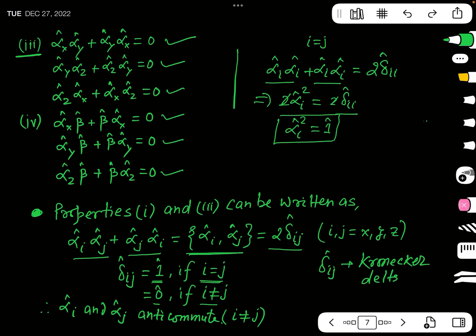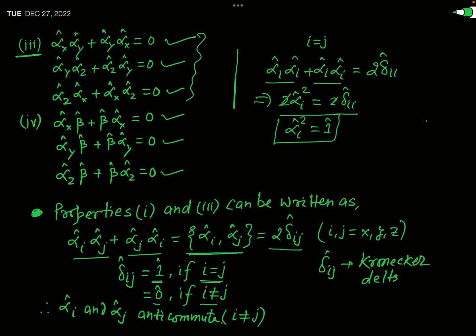And again you can check if i and j are not equal, then you know that this Kronecker delta will be 0. So then these three results you will get. Okay. When i is not equal to j, then these three results you will get.